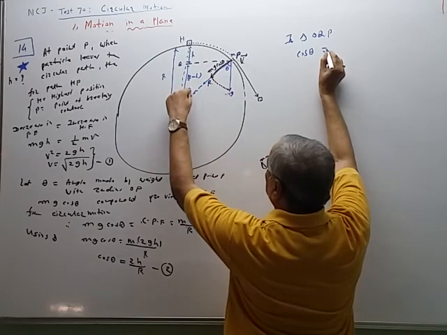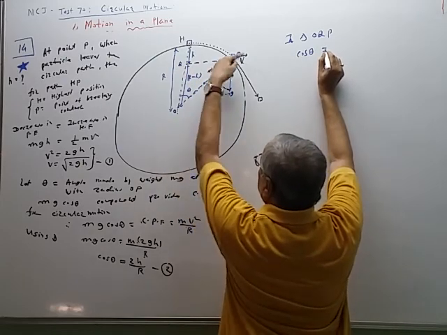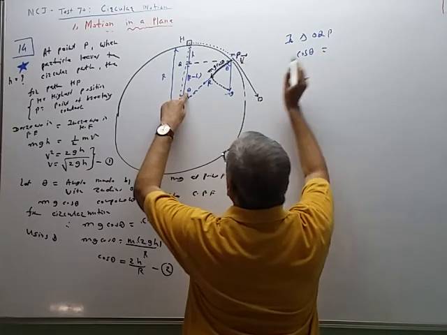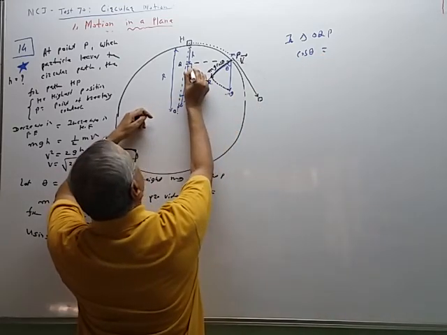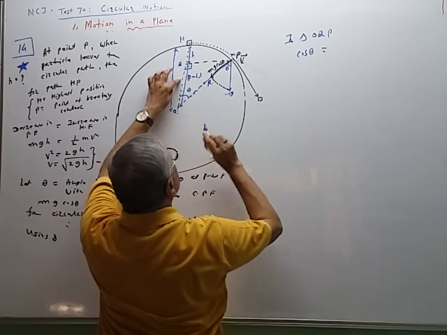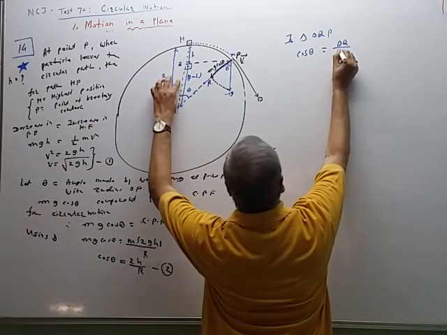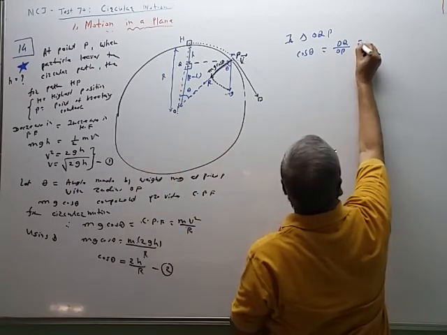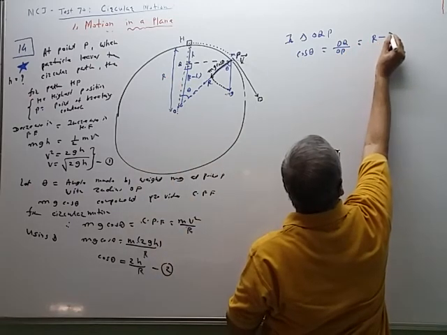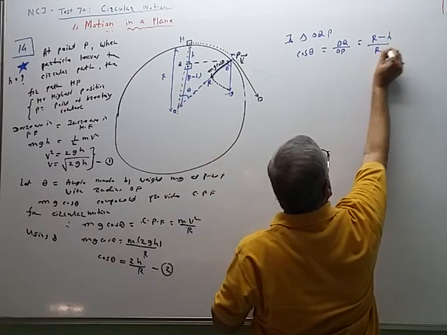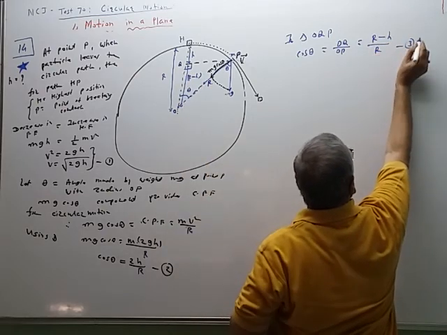If this is theta, this is also theta, because these are two parallel lines and this is the line intersecting them. So cos theta is equal to, this angle is 90 degrees, this is the base OQ upon OP. So OQ is equal to R minus h, see this figure, upon R. So this is equation 3.